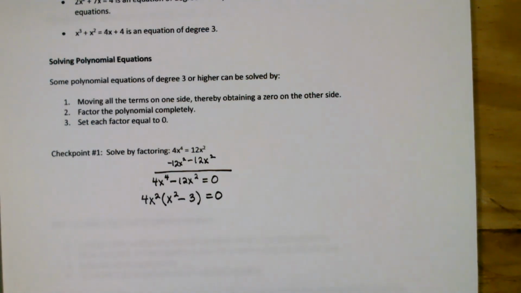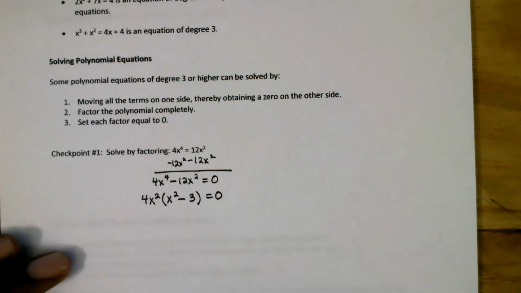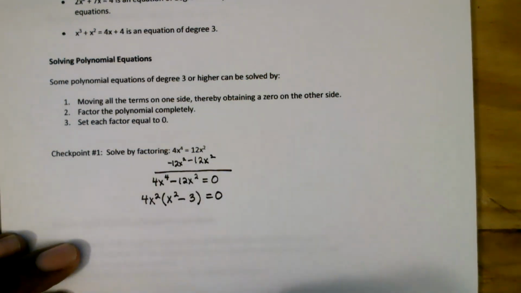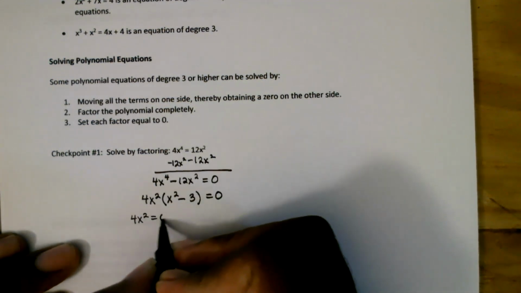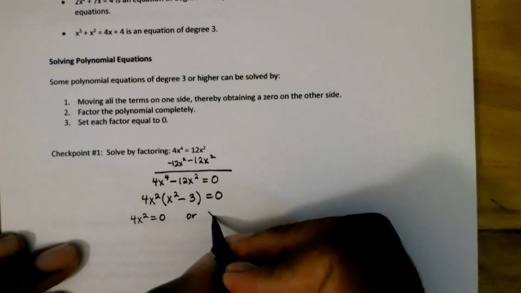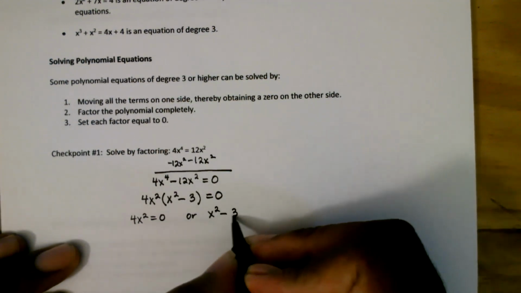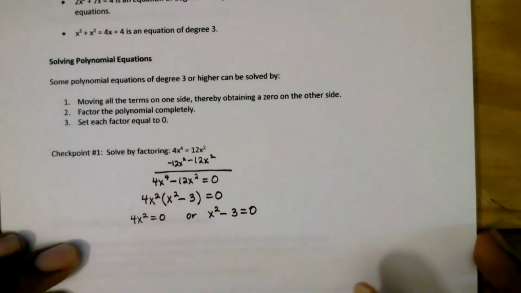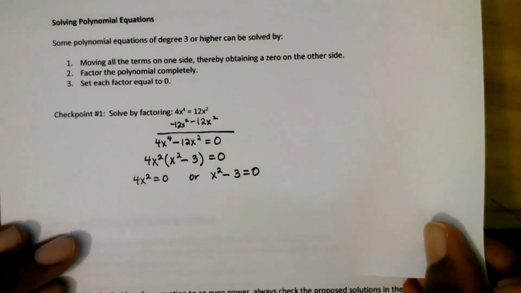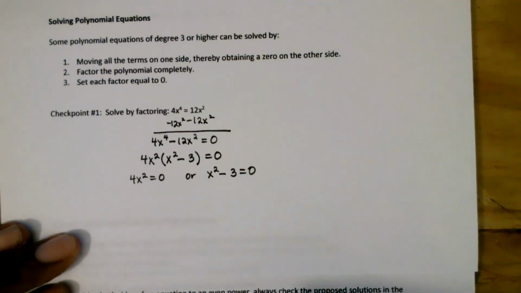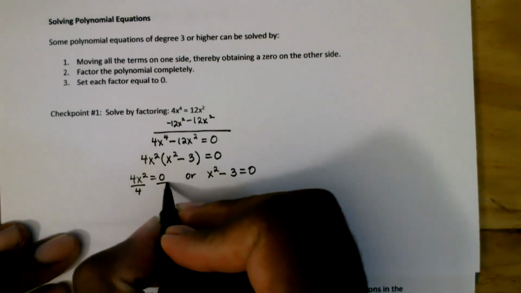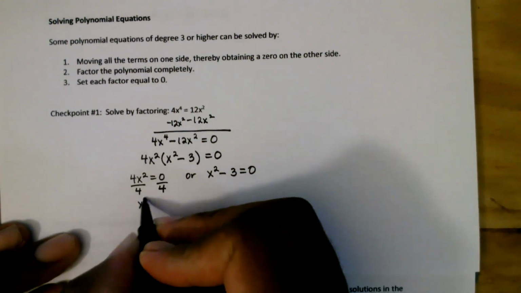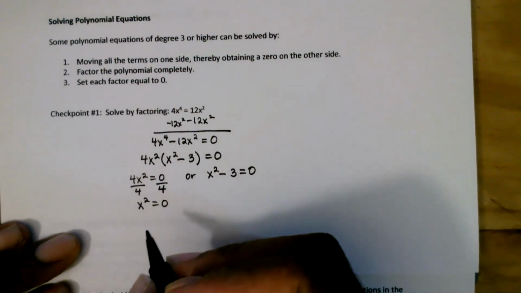And then next, we're going to set each factor equal to 0 and solve for x. So 4x squared times the quantity x squared minus 3 equal to 0 means this: 4x squared equals 0, or x squared minus 3 equals 0. And then we solve each equation for x. So for the 4x squared equal to 0, if I divide both sides by 4, I'm going to get x squared equal to 0.